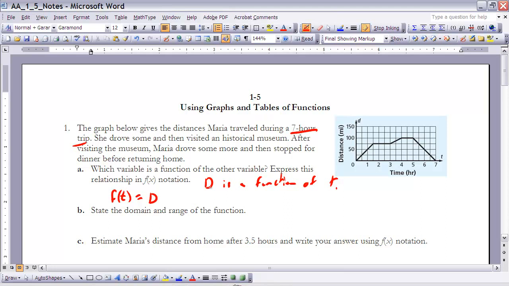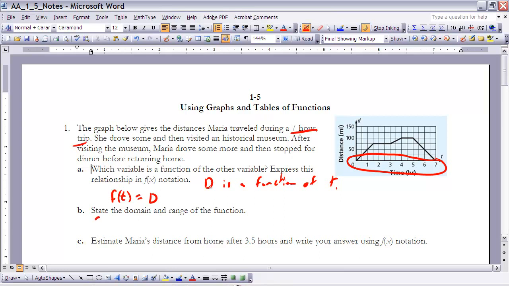So we can't put in a value of 8 for time because she's only been on a trip for 7 hours. So the values for our domain are from 0, or no time at all, all the way up to 7 hours. We can also see this graphically along our t-axis; that's the possible values of t.